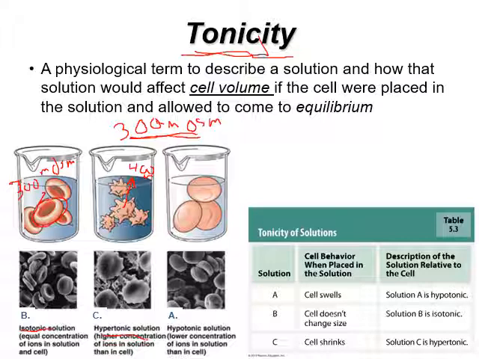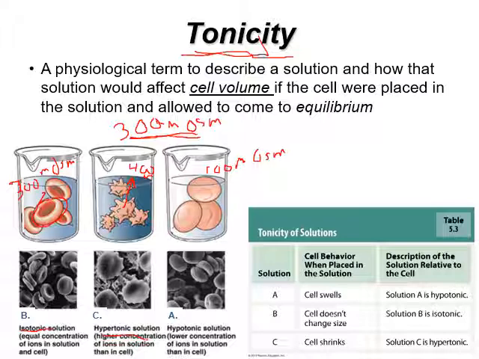On the opposite end, what if I had a 100 milliosmol solution that this cell is bathed in? Now, where is my higher ion concentration? It's inside the cell, right?